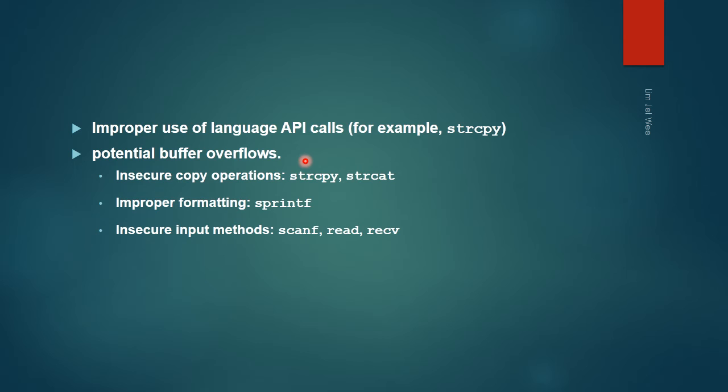The common culprits over the years are some of those over here: insecure copy operations, string copy, string concatenation, formatting for your print, or input that allows people to exploit your system, for instance scanf, read, and so forth.